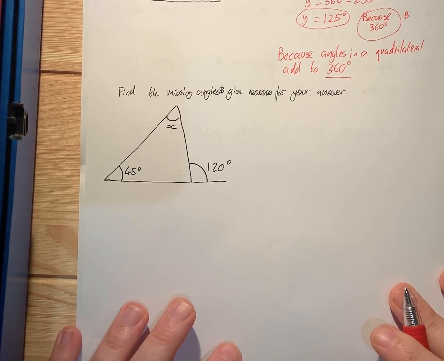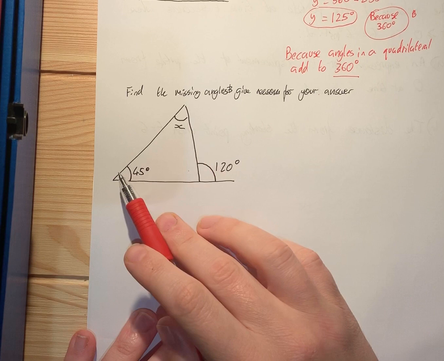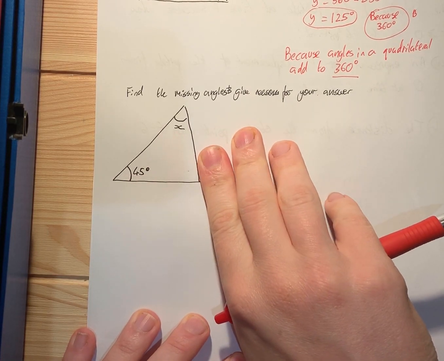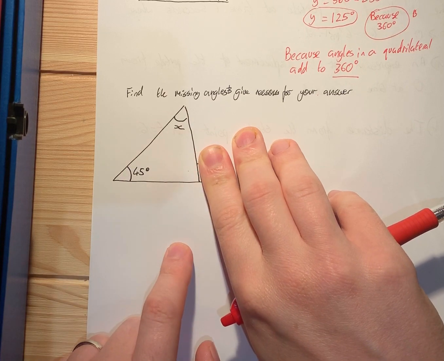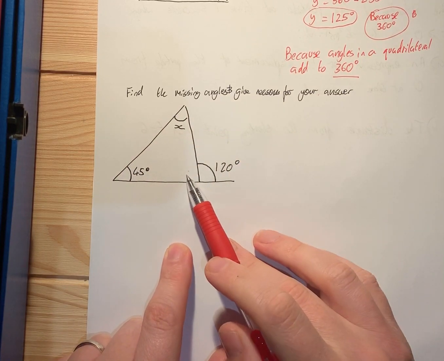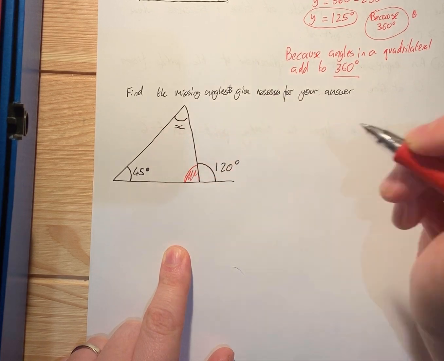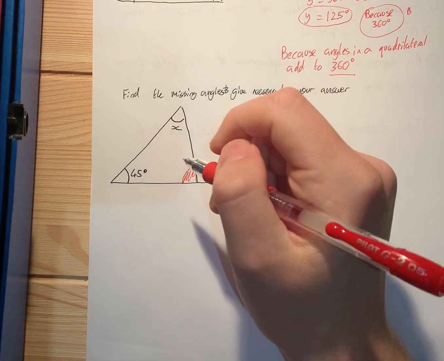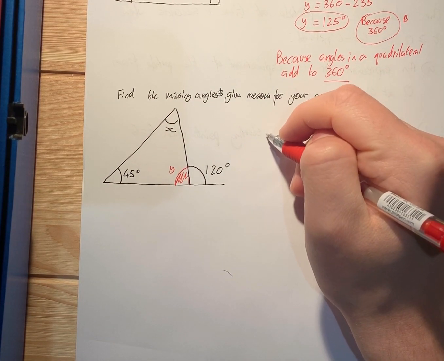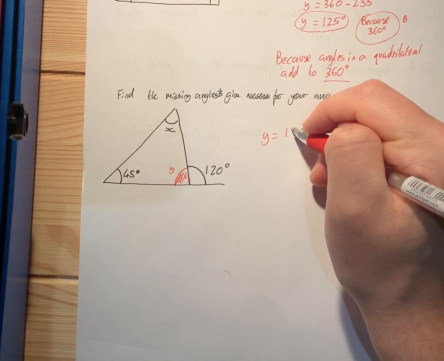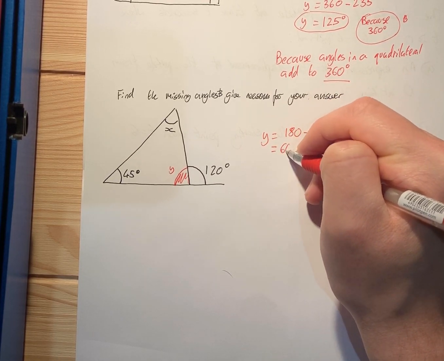So I would probably start this one off by thinking, if I just look at that, I've got a missing angle here and a missing angle there. I don't have enough information to find it out, but I can find that angle there. So I'm going to call that y. y equals 180 minus 120, which is 60 degrees.